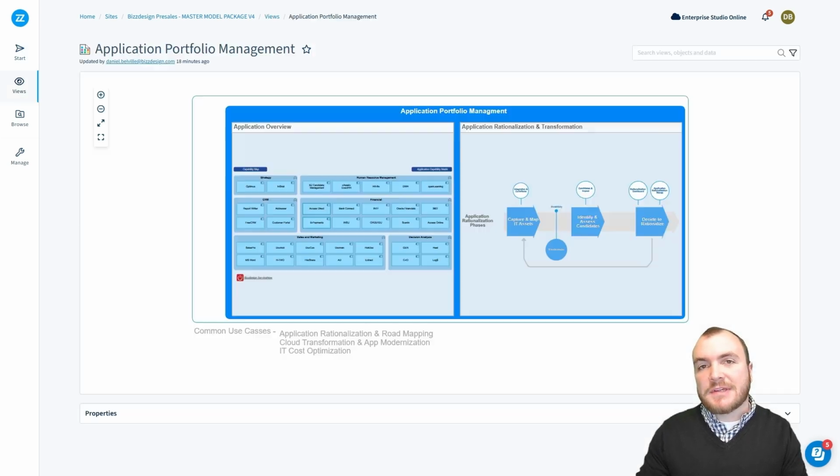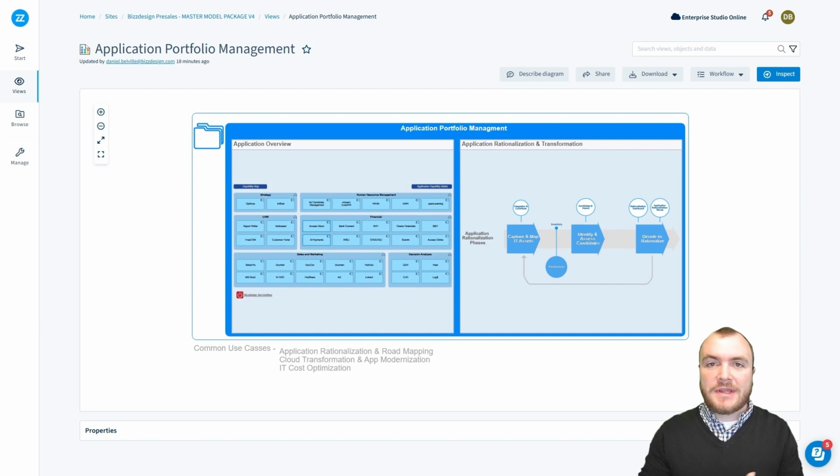If we take a look at application portfolio management, on the left-hand side we have an application landscape, and we can start to run some analysis against these applications for maybe a rationalization effort. Maybe some technologies are becoming obsolete on applications, which we would discover in the technology portfolio. But because we have connections to those applications, we're able to color code those applications that are at risk and need to be rationalized.